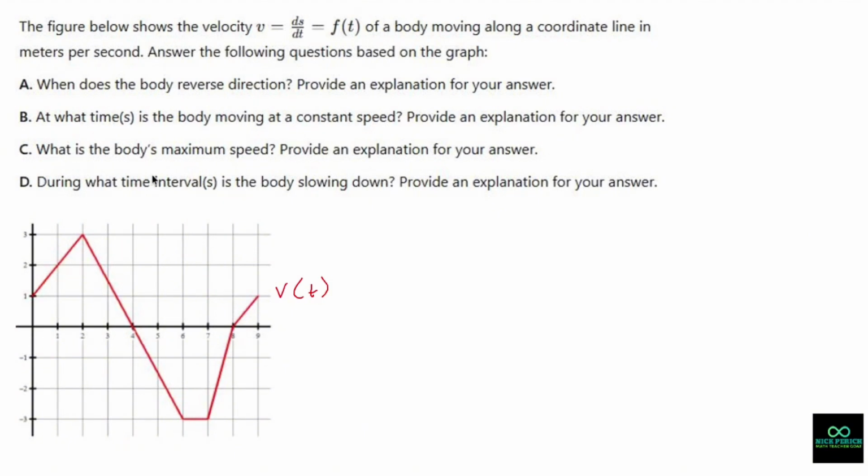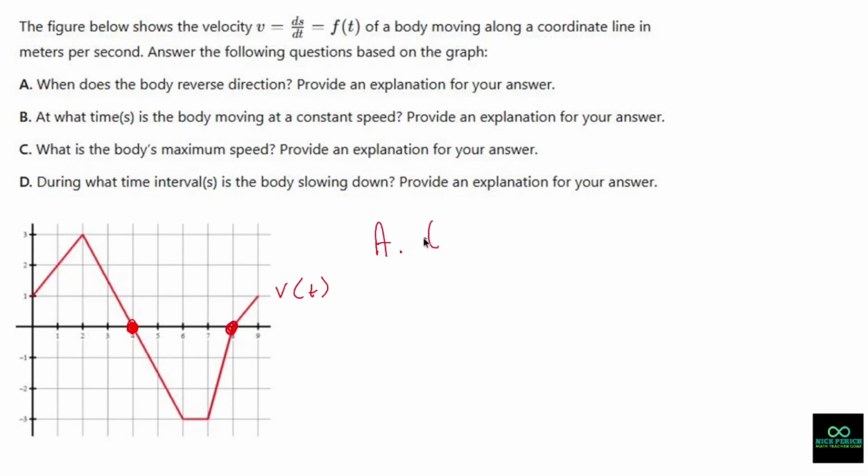So when does the body reverse direction? Well, the body reverses direction at any time where it crosses the x-axis. Anytime there's a sign change is when it reverses direction. So to answer part A, there's a sign change at 4 and a sign change at 8.